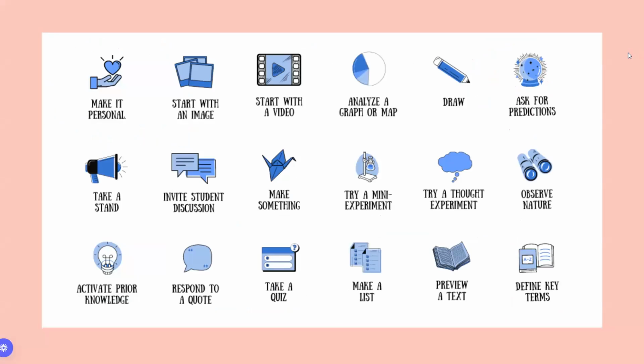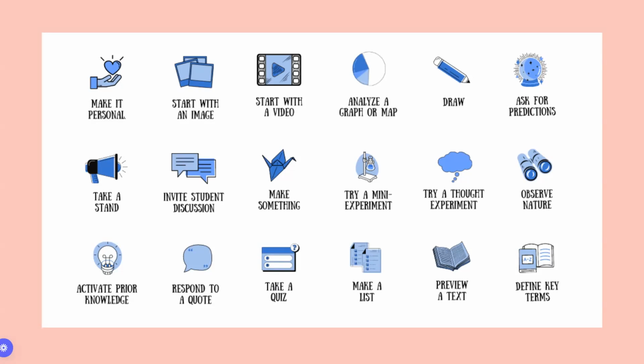So, here's some more ideas. And these are much more broad. Again, make it personal, make it relatable. Not so personal, obviously. You don't want to cross those boundaries, but make it personal in that it's their interest. Last week we talked about the interest survey, things like that. You can start with an image, a video, as I mentioned, a GIF, an actual video.